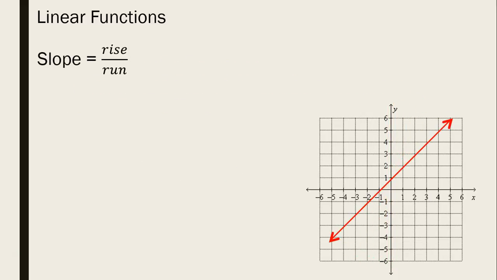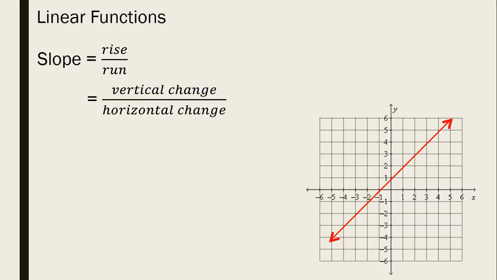Now you may remember slope as rise over run, and that's certainly a good way to remember how to find the slope of a line. We might also want to think about slope as being a vertical change divided by a horizontal change. And if we write that in mathematical notation, we could write that as delta y over delta x. That's the change in y divided by the change in x.